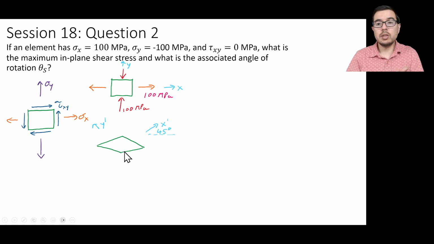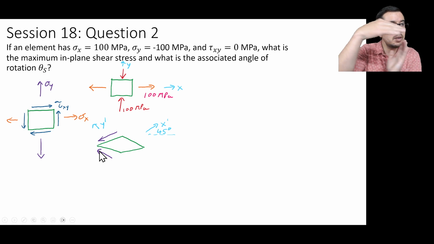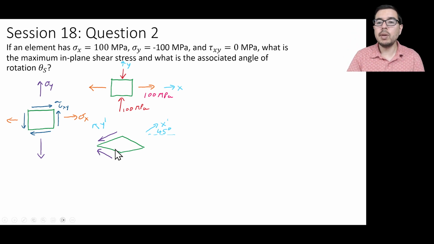And this distortion does look like shear stress, and we know it's going to be essentially pure shear because of our discussion that we had previously. So if we draw the shear stresses, we're going to draw them so that their heads meet up here, and it's kind of pulling and narrowing it at the same time to the left and also to the right. And we can draw these stresses before we even think about their magnitudes, which is what we're doing now.